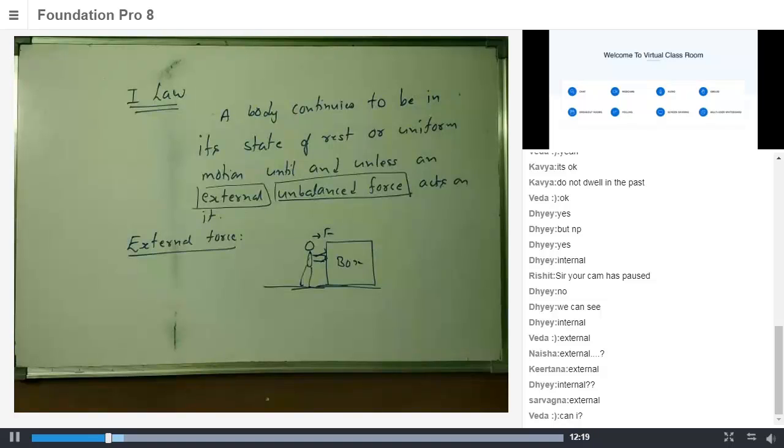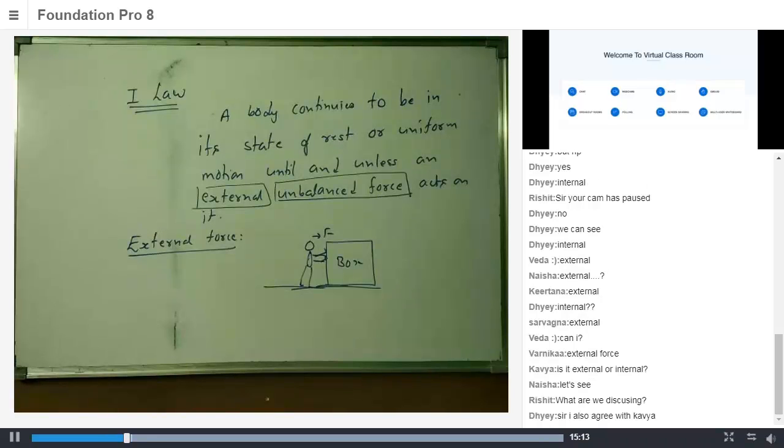Veda, why do you think it is external? Sir, because the particles itself are not moving, there is another force which is acting so that they move. Okay, so there is another force which is acting so that it moves. So that's external. You also agree with Kavya.